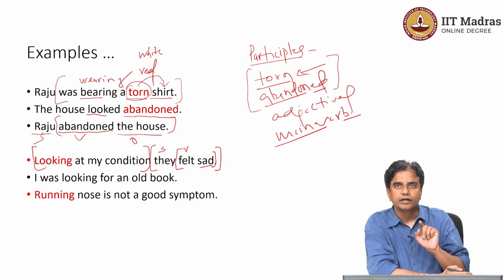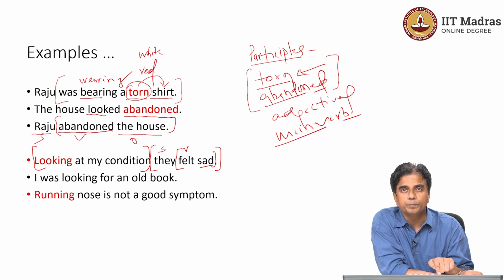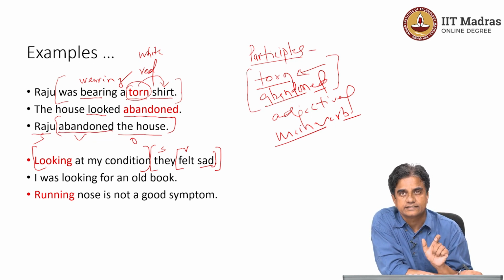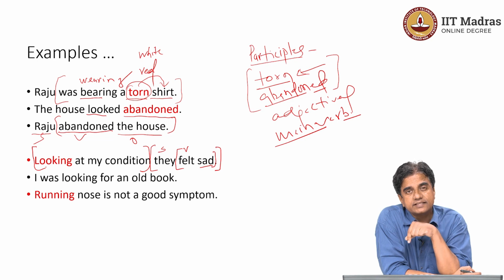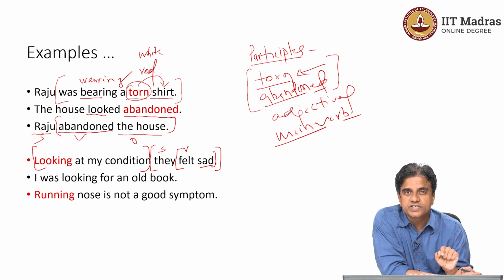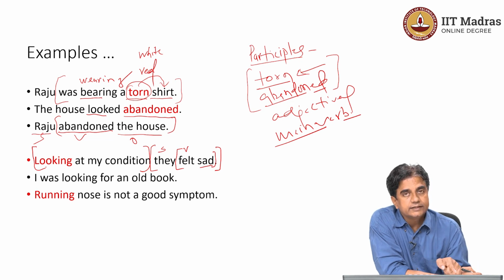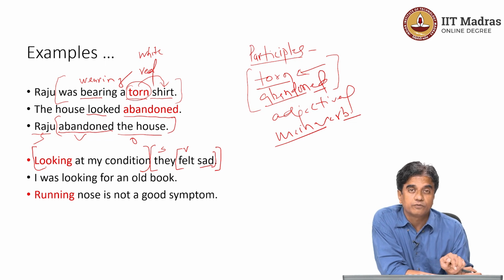But the important part for us to check is, this is not part of the main sentence. This is for the sentence, but this is not part of the main sentence. By main sentence, I simply mean it is not part of the subject, it is not part of the predicate, it is not the verb, it doesn't have anything to do with those parts. This is a clause. Please decide what type of clause it is.